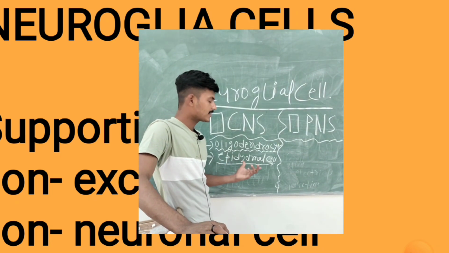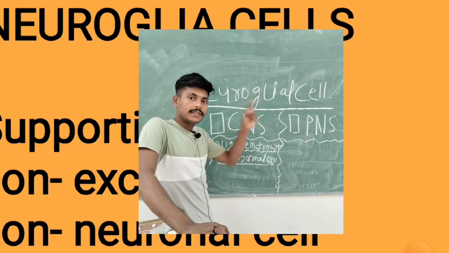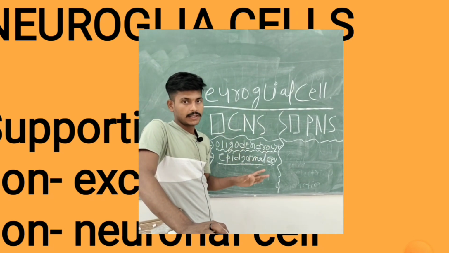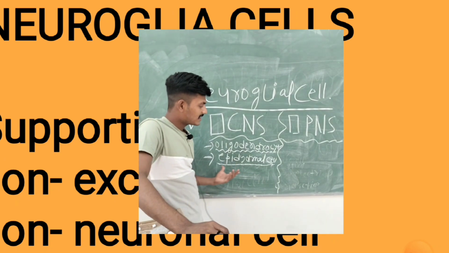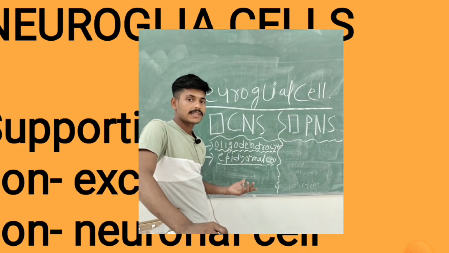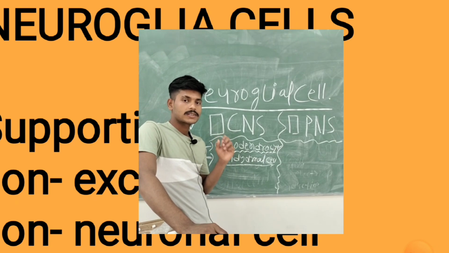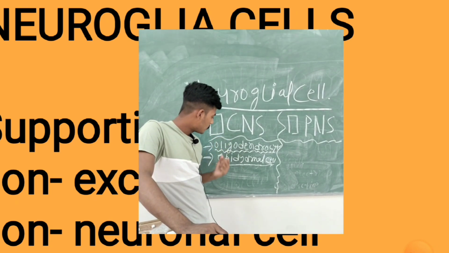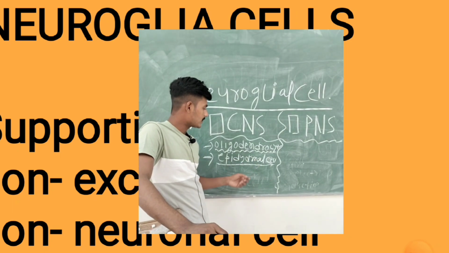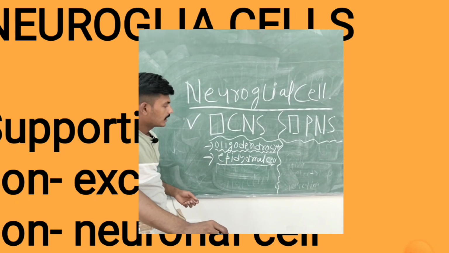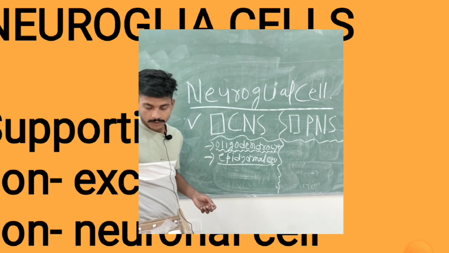These ependymal cells line the ventricles of the brain, and there are ion channels present in them. With the help of those ion channels, water and electrolytes accumulate inside and CSF formation occurs. So that's the clinical significance related to the ependymal cells.